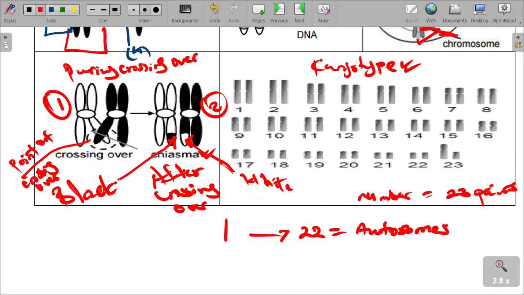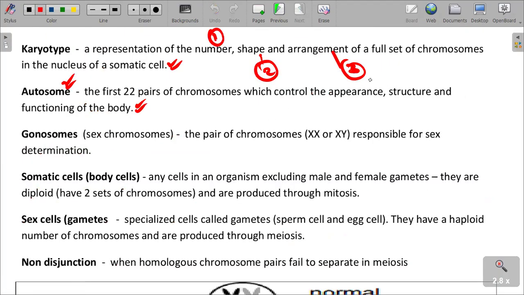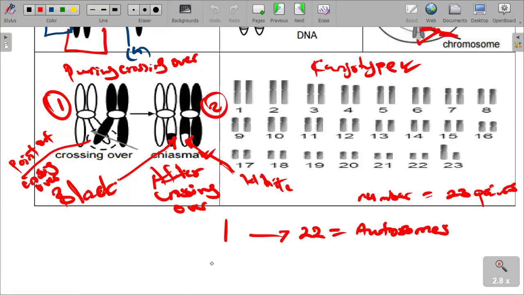One thing that you must understand is the function of autosomes. What are the functions of autosomes? They are there to control the appearance, the structure, and functioning of an organism. So they control every other bodily feature, other than one thing that is left.